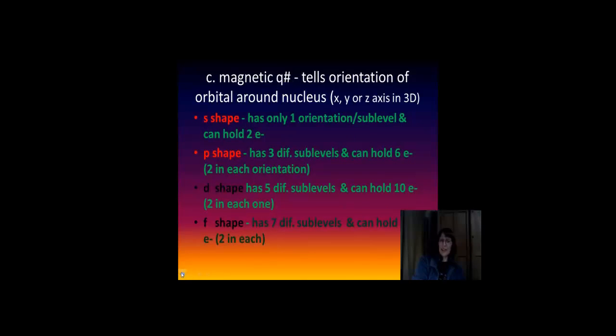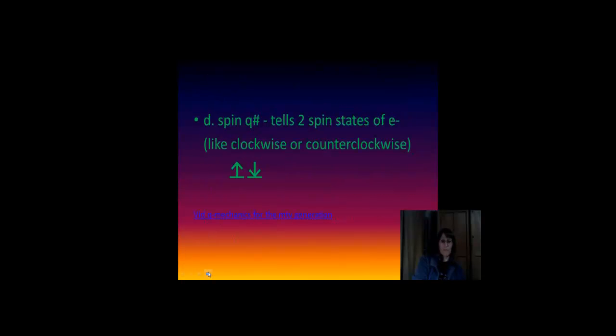Is it along the x-axis, the y-axis, or the z-axis? And then the 4th one is called the spin quantum number, and they usually indicate this with an up arrow or a down arrow, which basically tells you whether the electron is spinning one direction or another, clockwise or counterclockwise, if you want to use that.